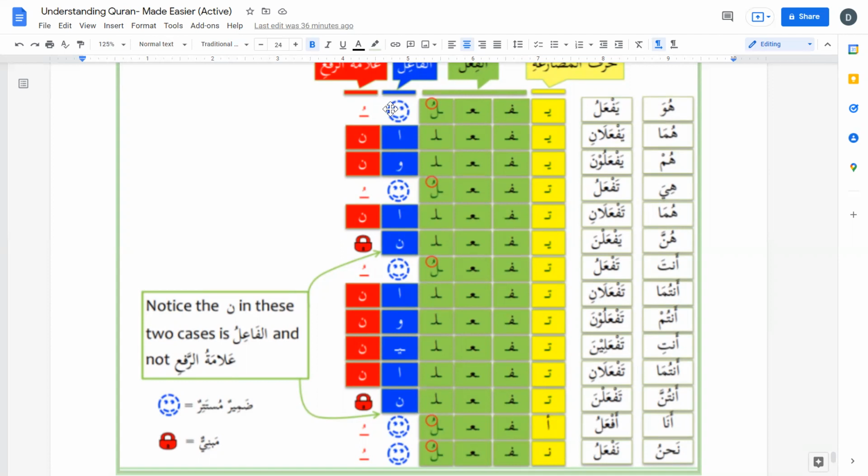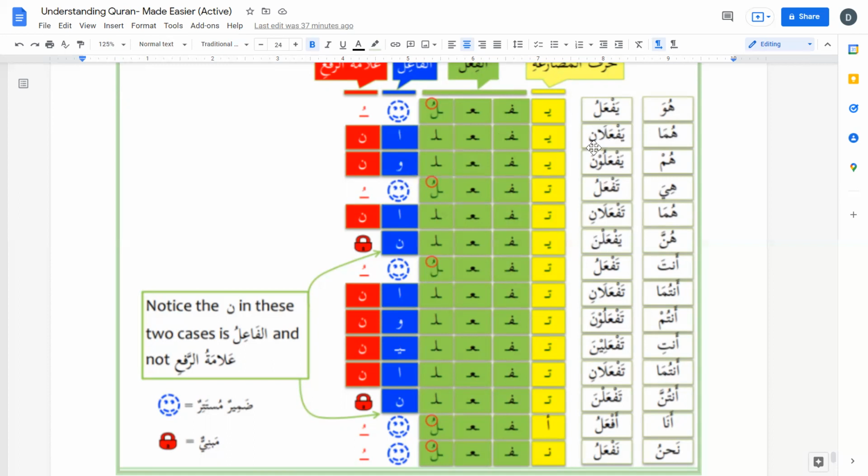But when we see fi'l mudare with noon ending, then the fa'il appears. For huma yaf'alani, the alif in ani is the fa'il. Remember alif musanna? So alif musanna comes as the fa'il, and then the vaw of jama comes as the fa'il.